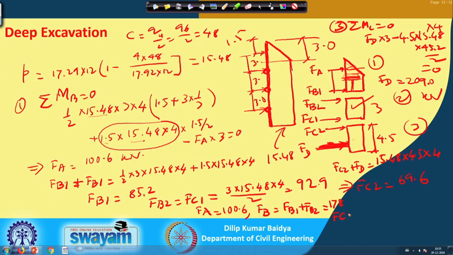Similarly, F C will equal F C 1 plus F C 2, and that gives you ultimately 162.5, and F D already known, you have got here 209.